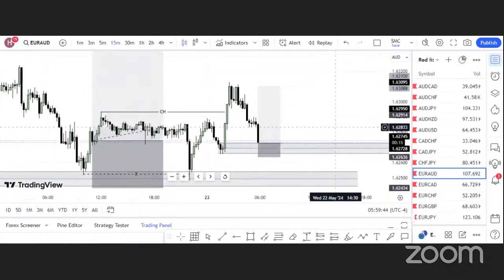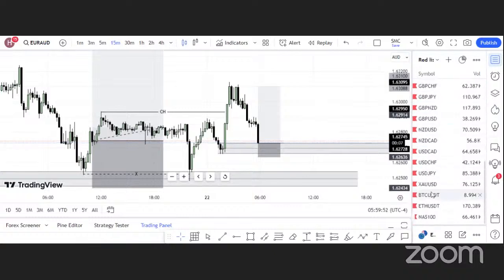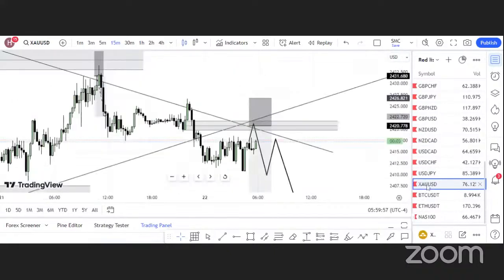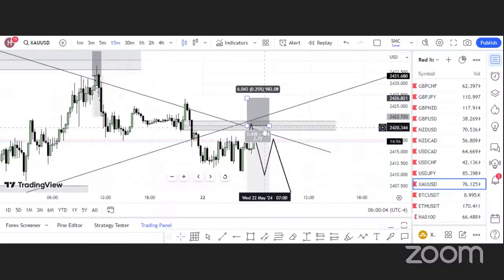So the rejection is not happening. I think the sellers still have the strong momentum for now. So let's just quickly take a look at XAUUSD. Okay, so XAUUSD is heading towards our resistance zone above.